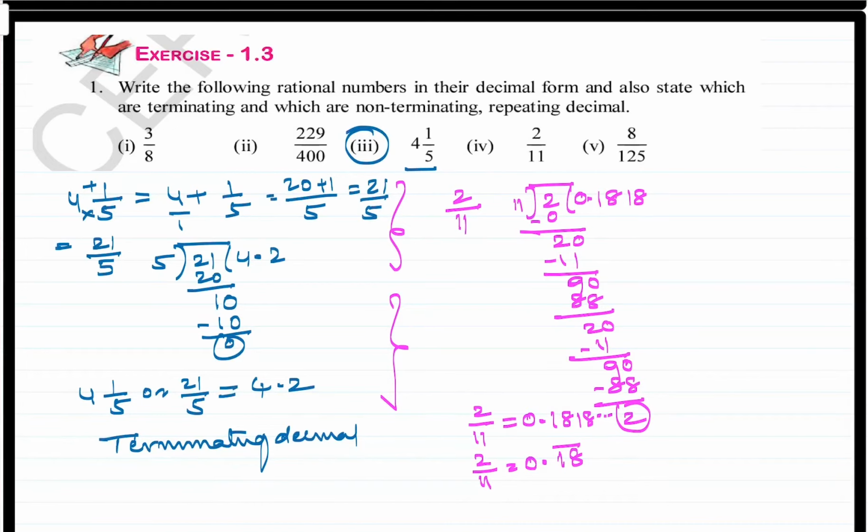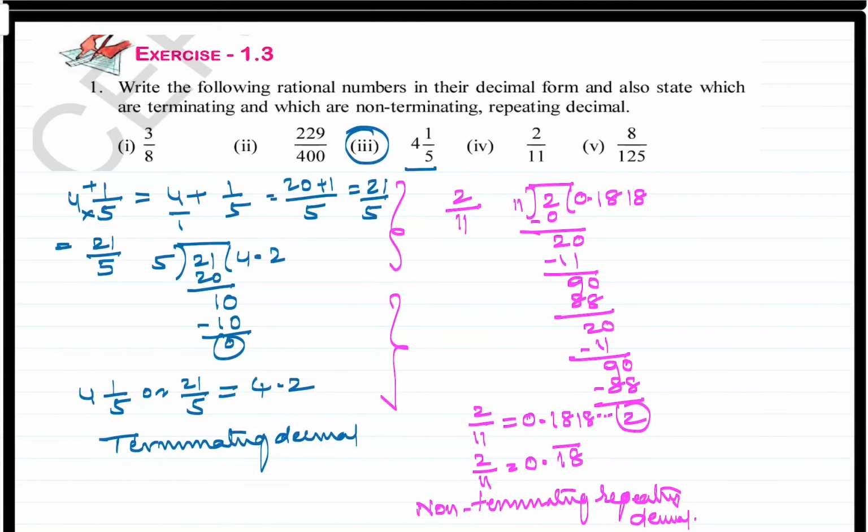Two digits, a group of digits, are repeating here, so this is a non-terminating repeating decimal.